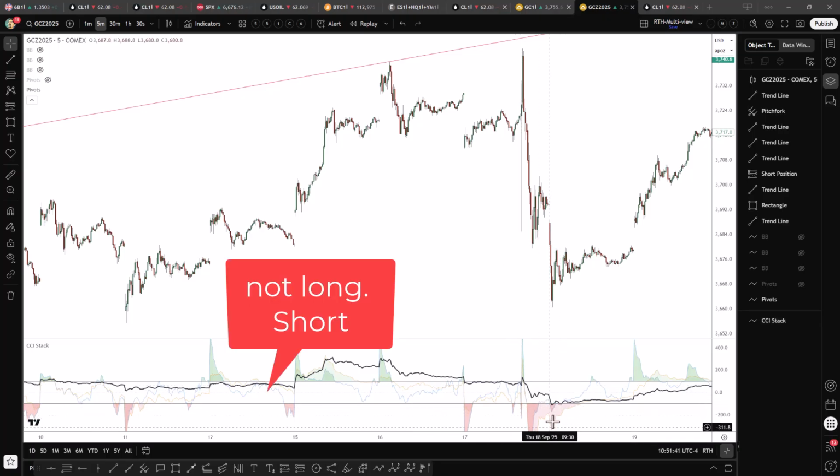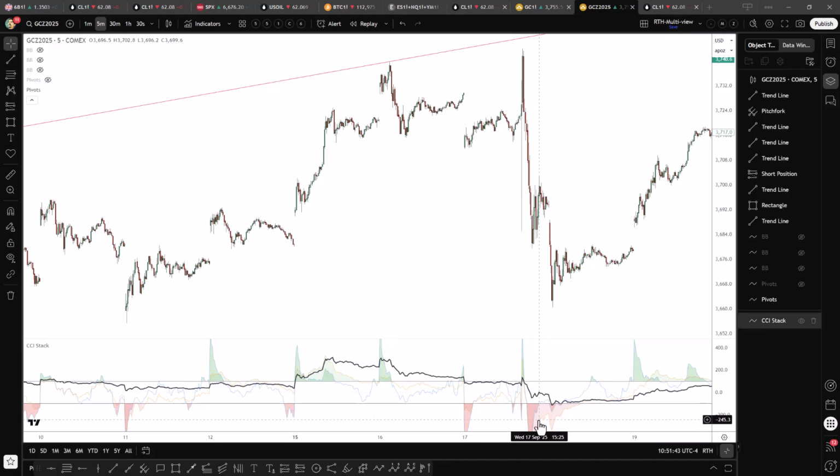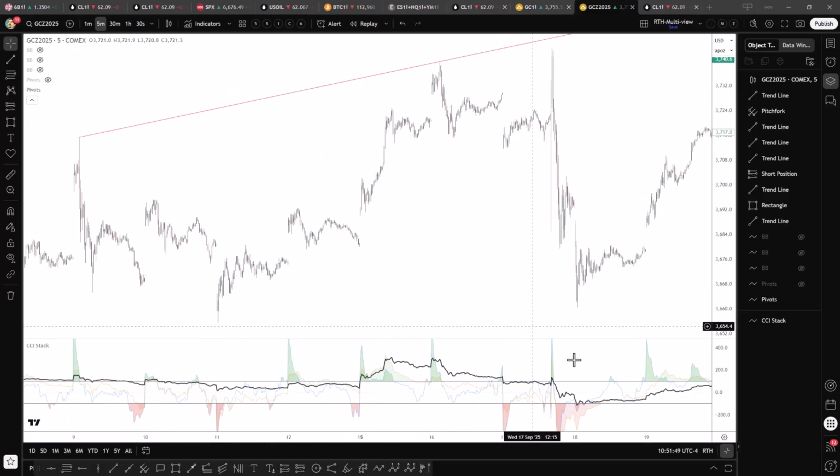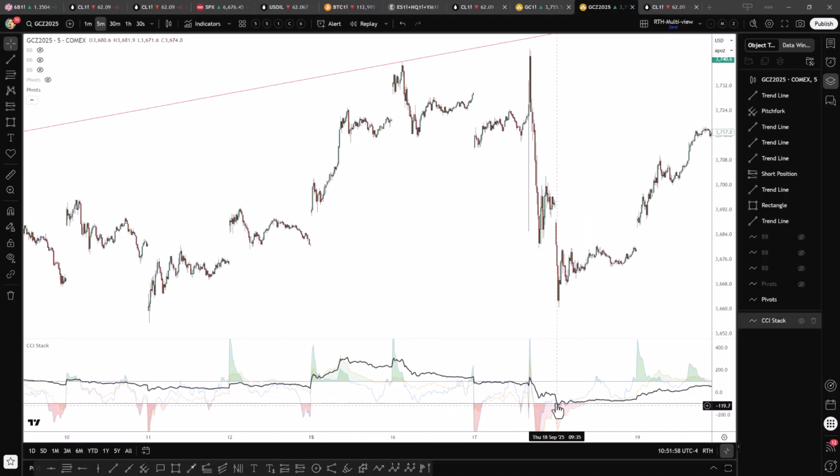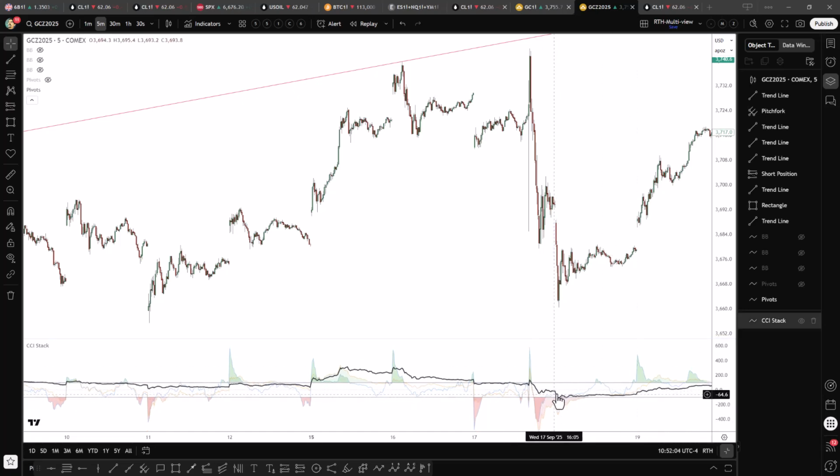The indicator shows accumulation below here, and the black line is coming down to the negative 100, so that would have been perfect. This is ideally how you want to see it. But the black line we can be flexible with. Basically what I look for is price to either be above or below the minus 100. If the black line is coming down or up to these areas, that is an additional bonus.